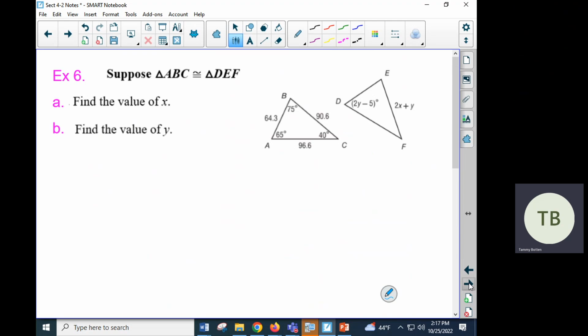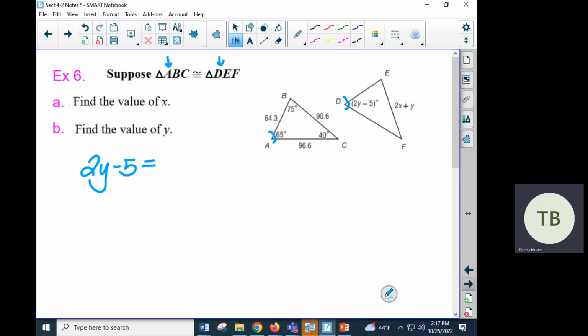Now let's go to this page and notice here we have a Y in this one and we have an X and a Y in this one. I want to start with the one that only has one variable, which is this angle D. Notice angle D comes first, so that's going to equal angle A. So I can say my 2y minus 5 is going to equal angle A right here, which is 65.